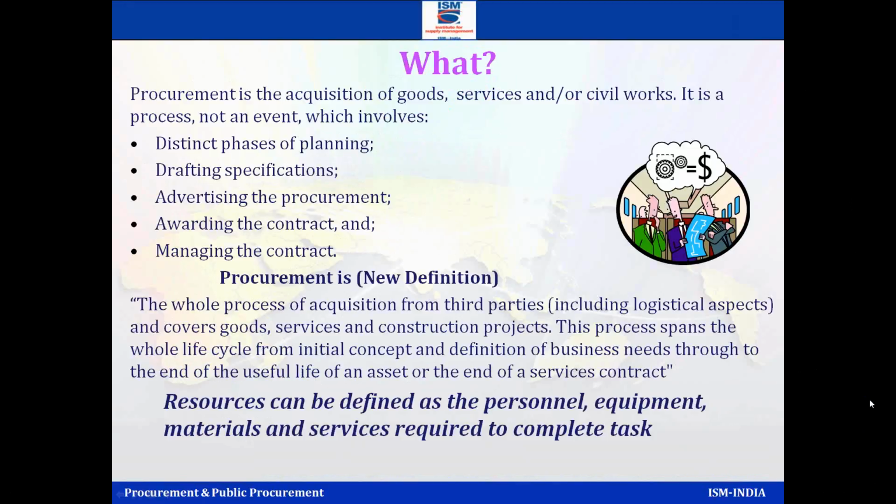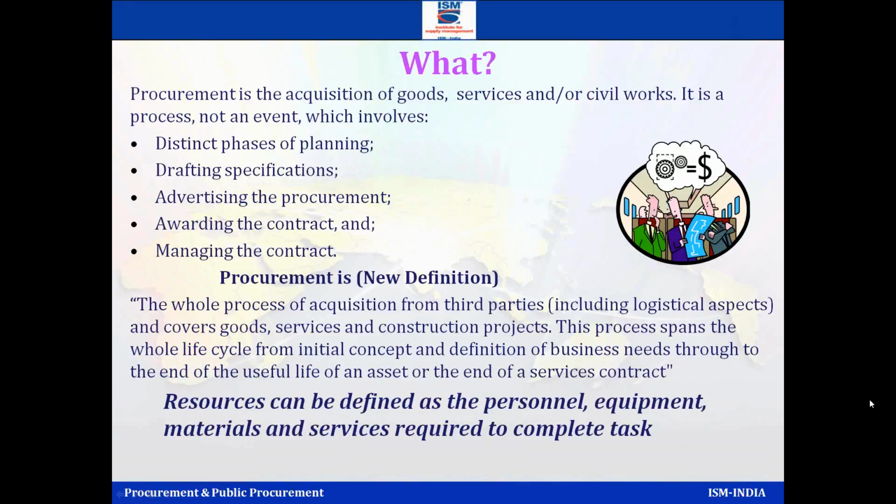Advertising could be through media, online, or directly informing the suppliers. Then you award the contract. And after awarding the contract, you have to manage the contract. Just awarding a contract is not good enough. If the supplier has gone to sleep and never bothers to deliver or inform you, you have to manage the contract.